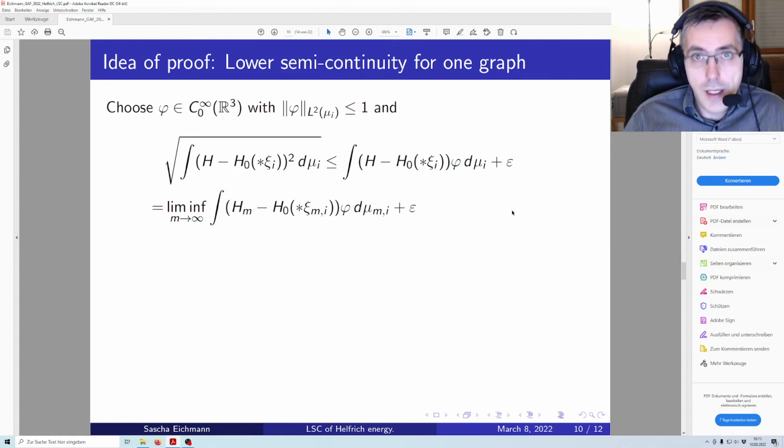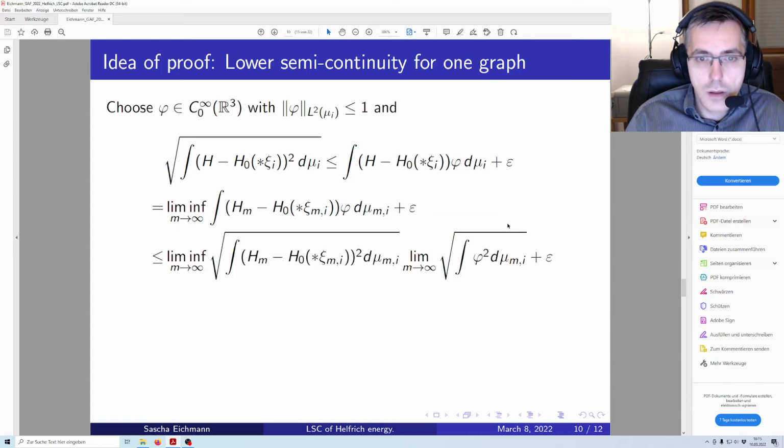And now we're in business, because now we can just manipulate this term over here by Cauchy-Schwarz's inequality. And this will yield in the first term over here the Canham-Helfrich energy of the sequence mu_m_i. So essentially exactly what we want, times the L2 norm of phi.